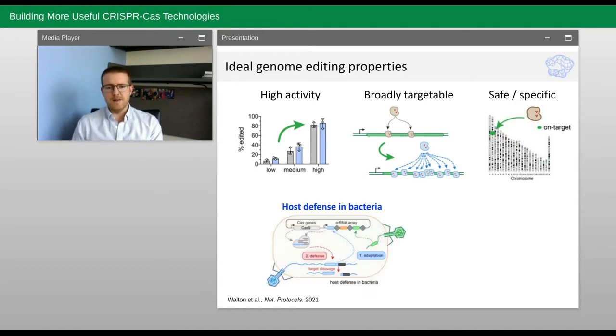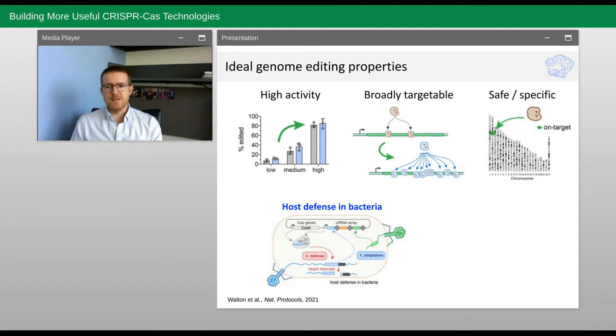And I think if we think back to where these CRISPR enzymes came from, they originated as a host defense system in bacteria. Totally different requirements in that system versus what we want as a research reagent. And in fact, all these properties that I highlight on the top of the slide are actually contrary to the fitness of a bacterial immune system.